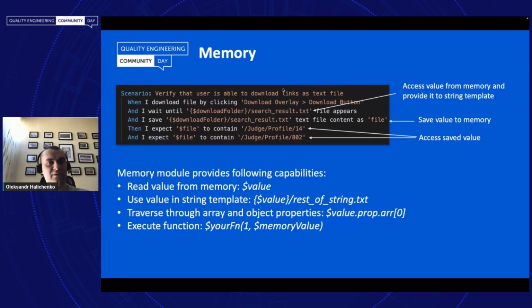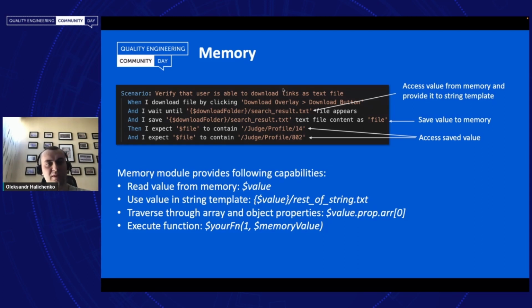Another important feature is memory. Memory is a module that gives us the possibility to work with test data. By test data, I mean values that you prepared before the test and stored somewhere, and values that you gathered during the test execution.